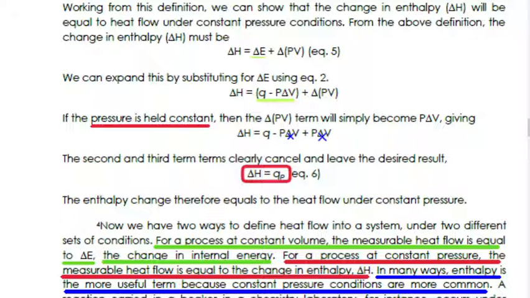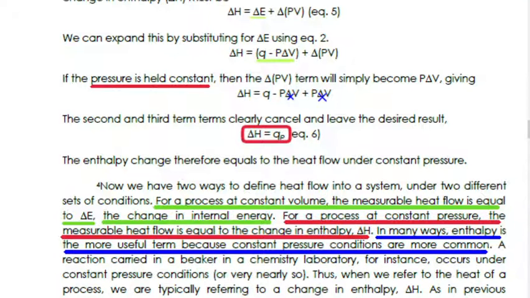So we have a term that is delta H is equal to H final minus H initial, or final enthalpy minus initial enthalpy. So when heat evolves from a system, the process is said to be exothermic. Delta H is less than 0.